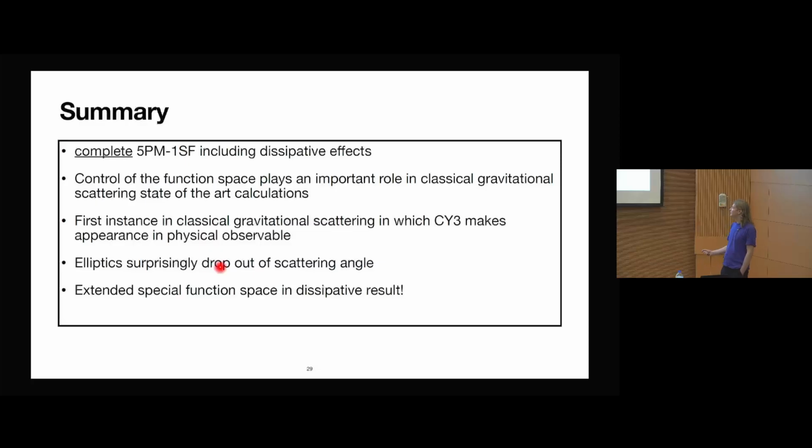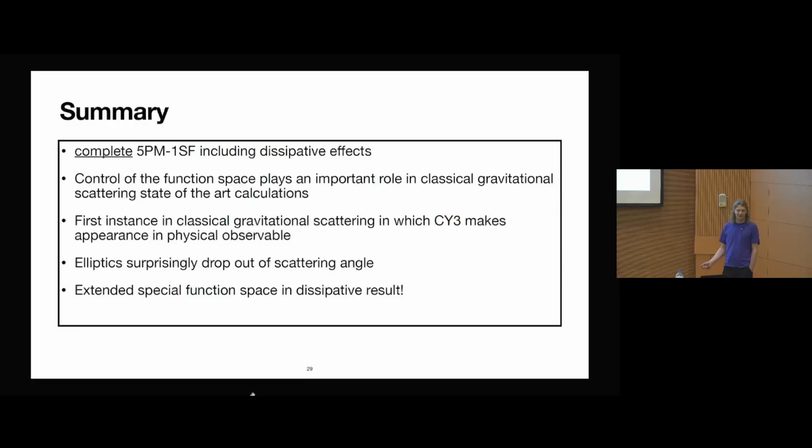So let me summarize. We have completed the 5PM-1SF calculation, including dissipative effects. In this order, it plays a really important role to have full control over the function space. This is the first time in gravitational scattering, but I think also actually in all physical observables, in which a Calabi-Yau threefold appears.